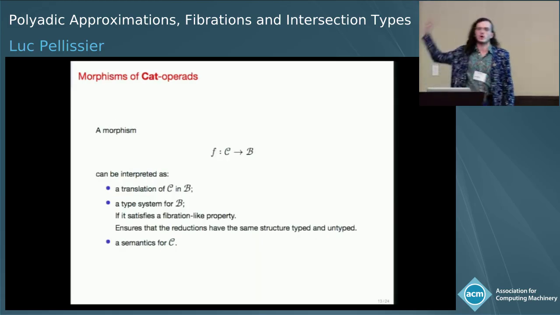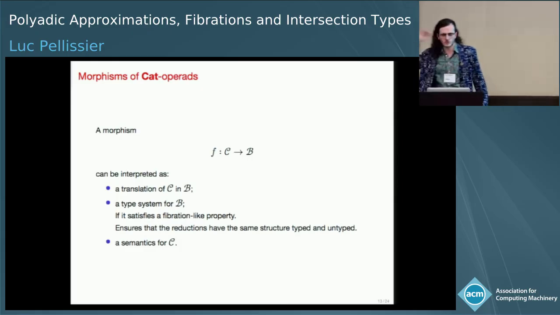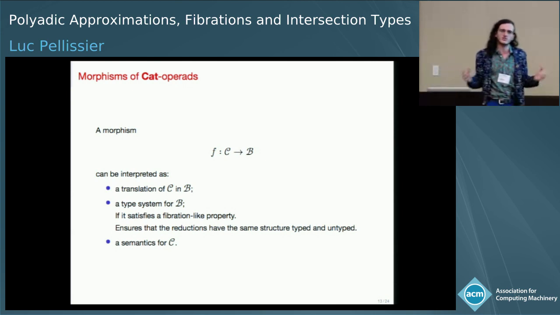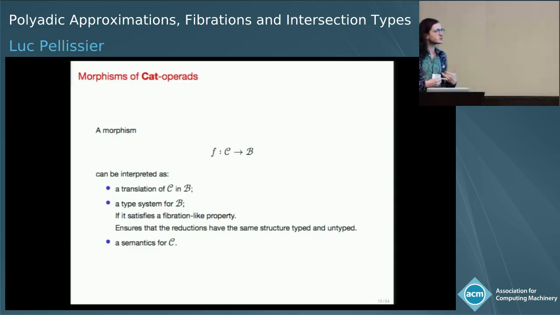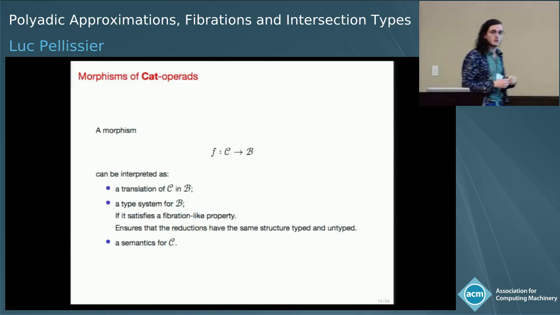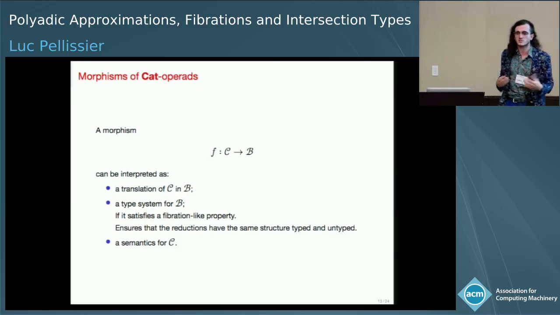We know, at least from the 1930s and the Göttingen school, that not only are objects in mathematics interesting, but also morphisms between them. So morphisms of cat operas also get great interpretation in that case.